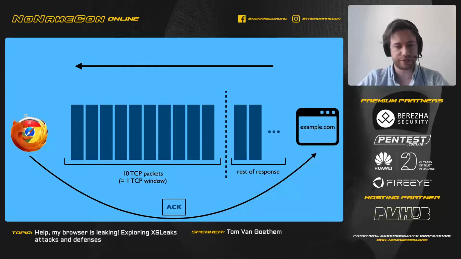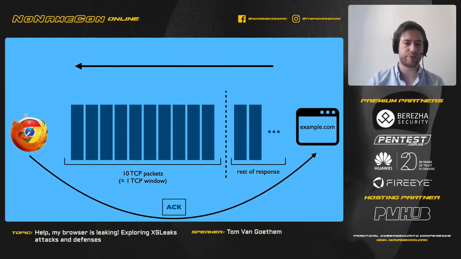Once this acknowledgement has been received, the server can start sending the rest of the response. So this means that if the response size is larger than what can fit into 10 TCP packets, so that's around 14 or 15 kilobytes, then the server will need to wait for the acknowledgement. This means that there will be one additional round trip to receive the response.